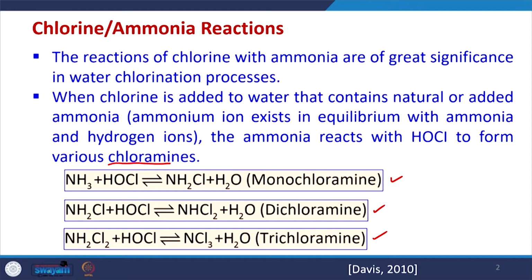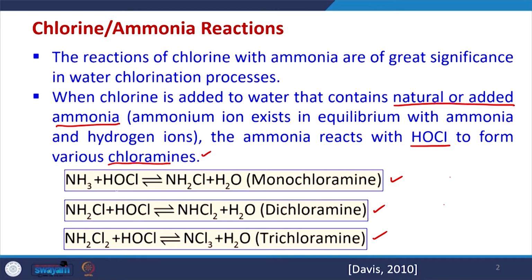Now, when chlorine is added to water that contains natural or added ammonia, the ammonium ion may exist in equilibrium with ammonia and hydrogen ions depending upon the pH. So, this chlorine will react with ammonia, and this chlorine may be in the HOCl form, because this is the dominant form in the usual pH range in which water treatment is done. So, different types of chloramines will get formed.